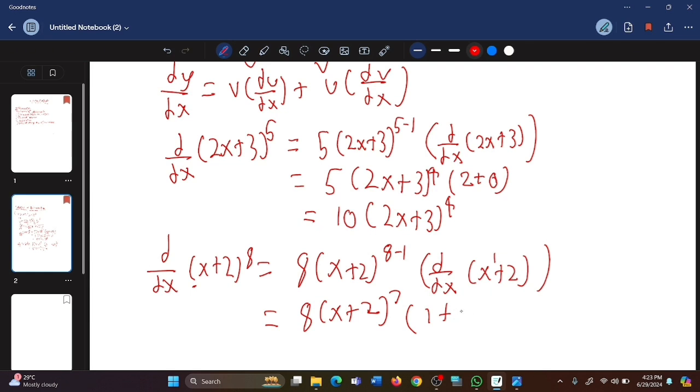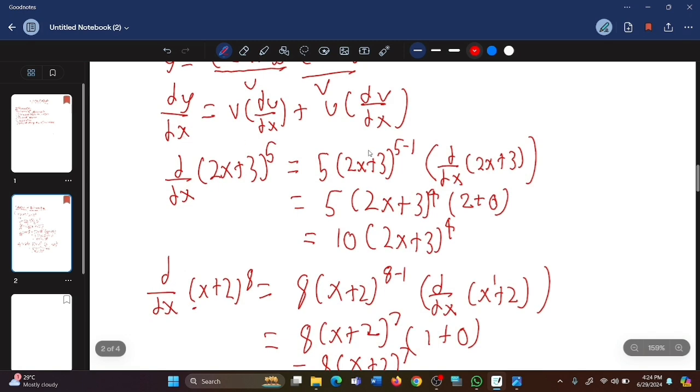Thus the differentiation of 2 is 0. So the final equation becomes 8 times 1 times (x plus 2) to the power 7. 8 times 1 is 8, so it is 8 (x plus 2) to the power 7. So this is dv/dx.